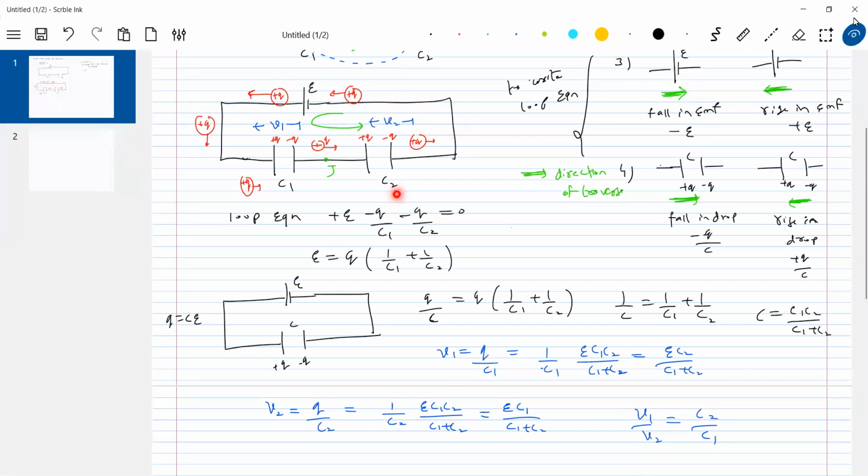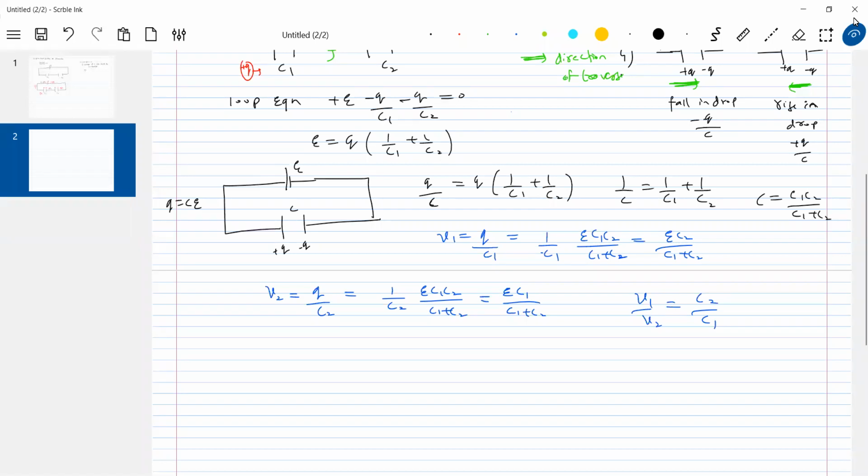Now, what about the heat generated here? In every problem, think about the heat generated, because rather than doing something separately, you can start here. So what do you mean by heat generated in this case? Work done by the cell. What is the work done by the cell? We'll calculate it separately. It should be equal to Q into E. What is the value of Q? The value of Q should be equal to E C1 C2 by C1 plus C2.